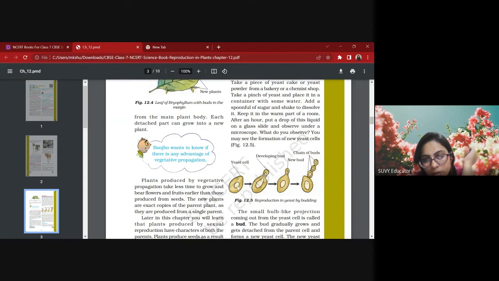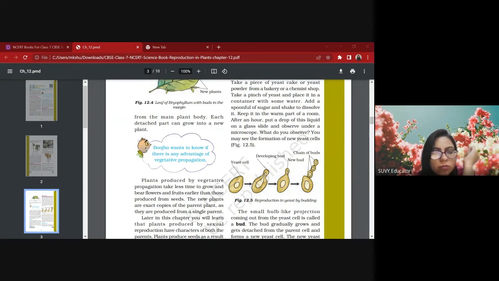This will grow. It is a nucleus, and it will grow and again grow, and it will become like this. Now, what will happen? This whole portion will detach. How will it detach? I'll show you. This is one single cell of yeast, and this is the nucleus.